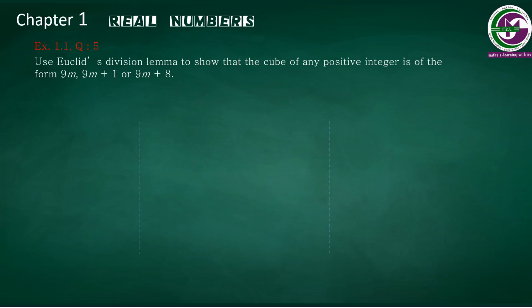So we know that we did in the last questions. We will start with Euclid's division lemma. Euclid's division lemma states that for any positive integers a and b, there exist positive integers q and r such that a is equal to bq plus r where 0 is less than or equal to r less than b.